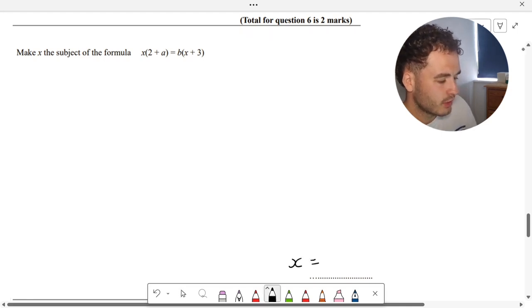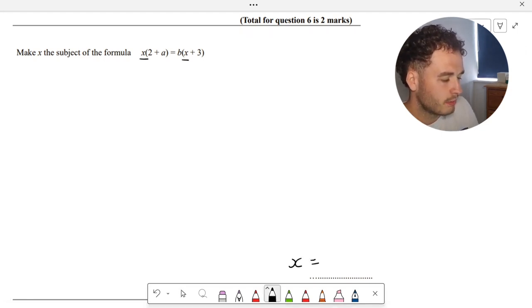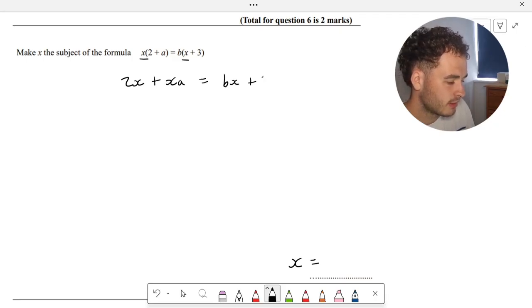The thing that is difficult here is that there is an x on both sides of the equation. So the first thing we're going to do here is expand both brackets. If you expand both these brackets, you get 2x plus xa equals bx plus 3b. Okay. The next thing we need to do is get all of the x's over to the same side of the equation.